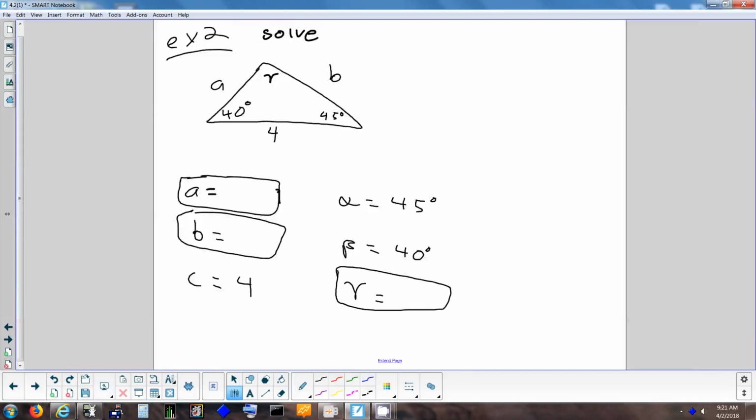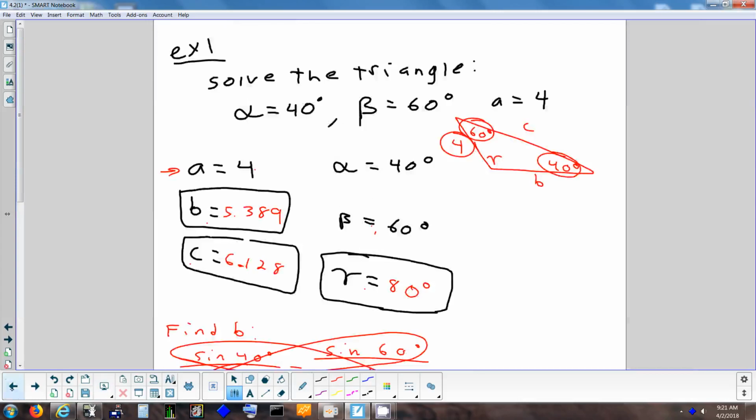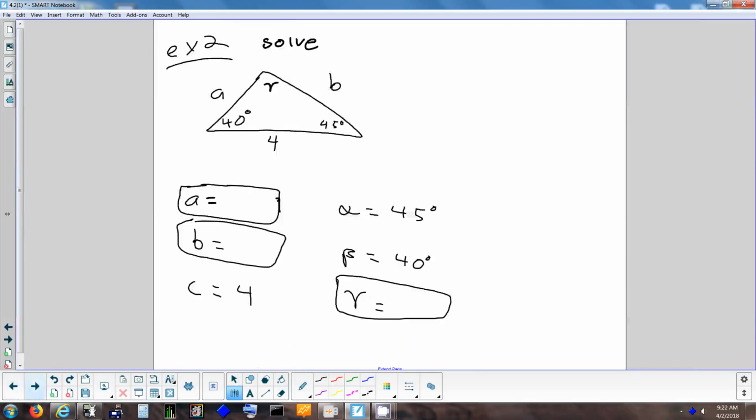Now, in the last problem, technically, we didn't have to find gamma first, because gamma had nothing to do with B. You have to find gamma before you find C. But if you wanted to find B first in this problem, you could have. I did gamma because it was easy to find.